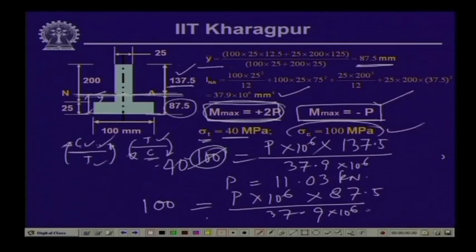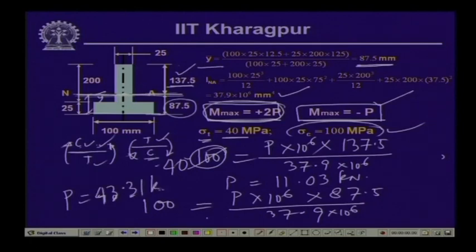This gives us a value of P equal to 43.31 kilonewton.